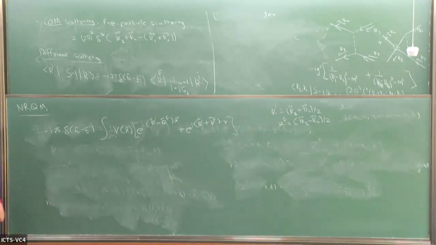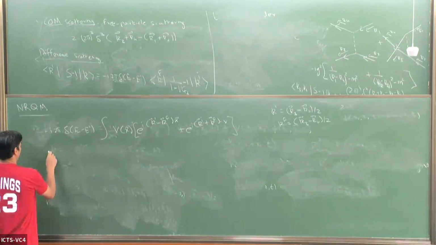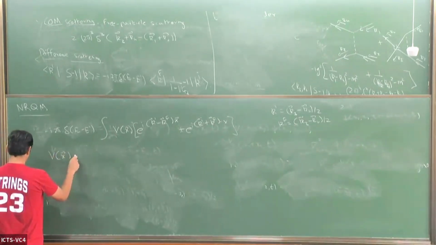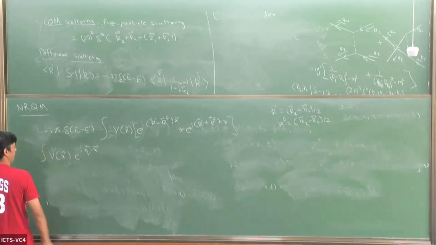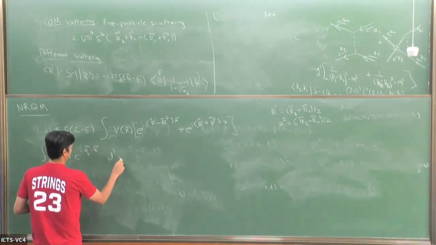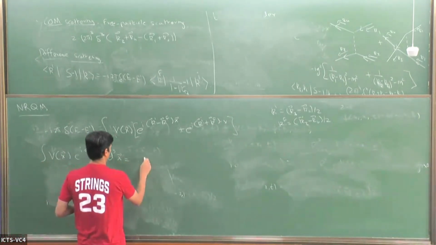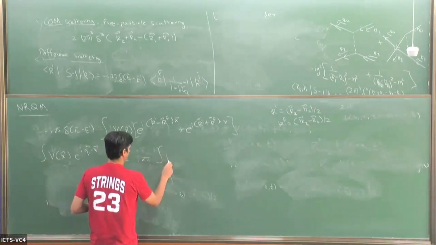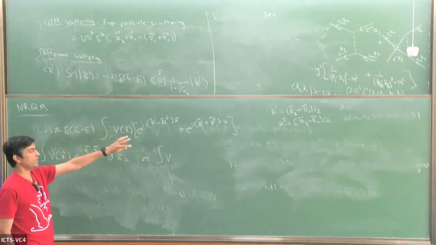Now let's parse this integral a little bit. Let's just do V(x) e^{iq·x} d³x. I just want to do this Fourier integral. Let's imagine that the potential we have is spherically symmetric, which in this case makes sense because there's nothing breaking spherical symmetry.